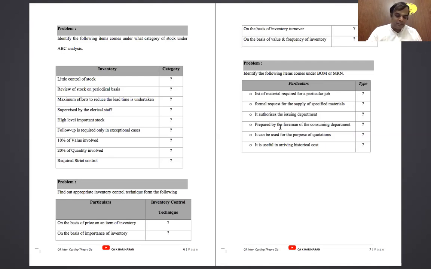High level importance stock: A category. Follow-up is required only in exceptional cases: C category. 100% value involved. Sorry, 10% value involved: C category. 20% quantity involved: B category. Required strict control: A category items require strict control.